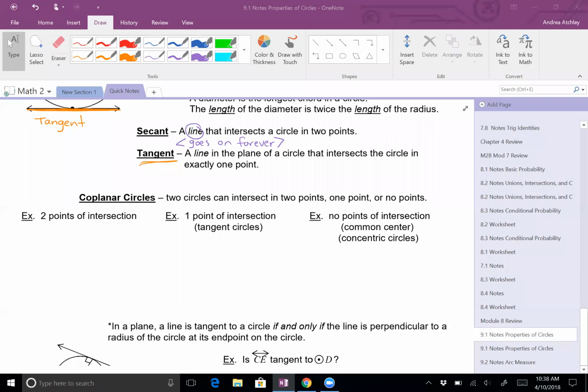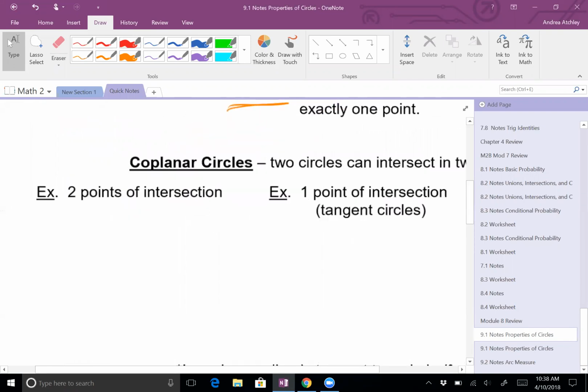Okay, coplanar circles. Two circles can intersect in two points, one point, or no points. So let's draw circles that intersect in two points.